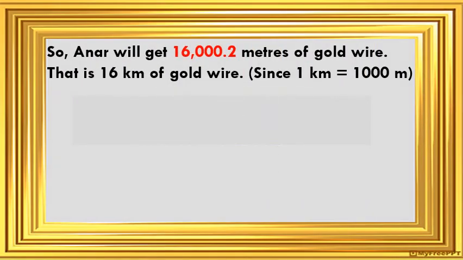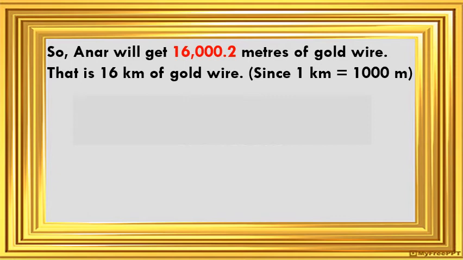So Anar will get 16,000.2 meters of gold wire, that is around 16 kilometers of gold wire, since 1 kilometer is 1000 meters. So 16,000 meters will be 16 kilometers.